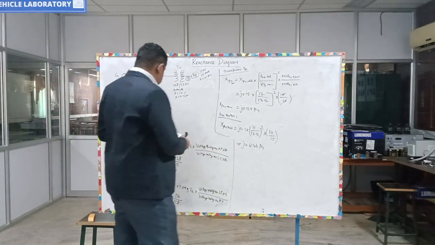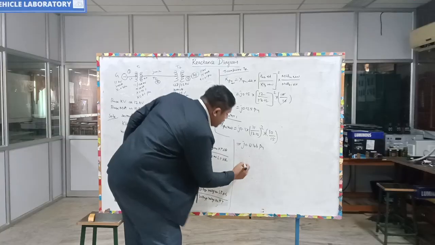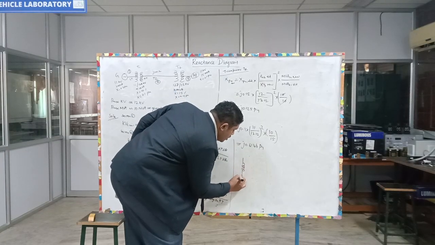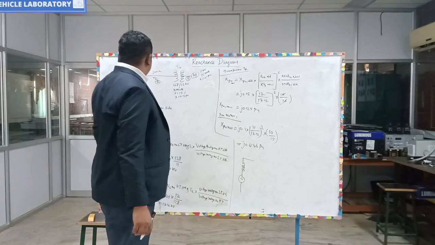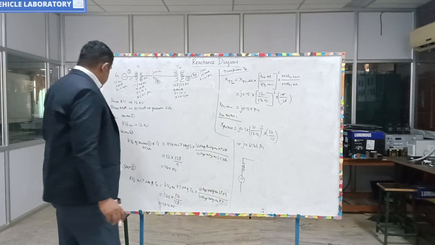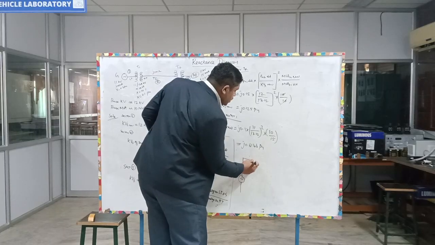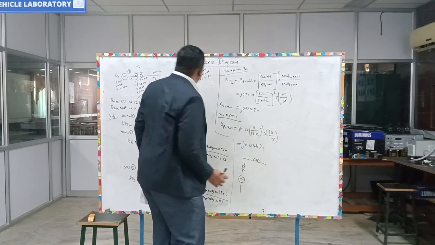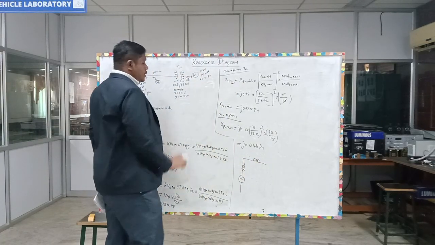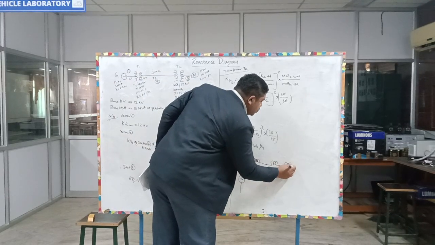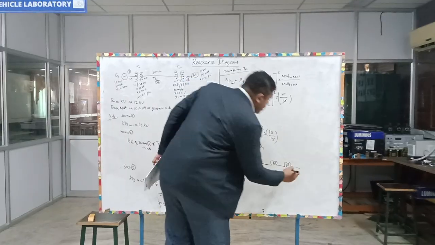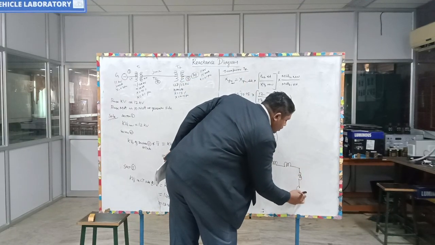Okay, how to draw this? For the generator, this is the equivalent reactance of the generator, then transformer 1, then transmission line, then transformer 2, then motor. Motor and generator we have to represent in a similar fashion.